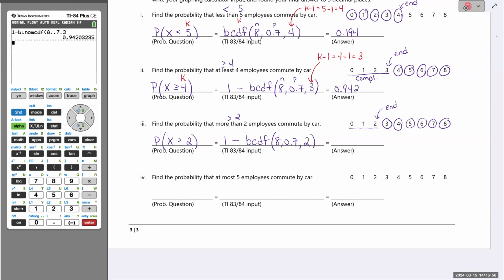And if you use the table for help, anytime you have X greater than a number, K, the syntax is 1 minus binomial CDF, and then there's N, P, and now that third value is the value of K. All right, and type that one in, and you are welcome to check, but that should give you 0.989.